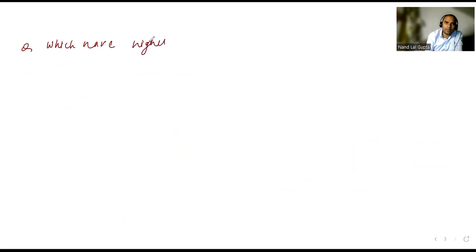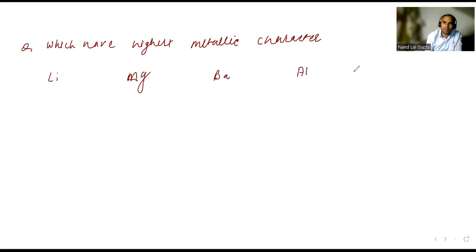In this one, they are talking about lithium, then magnesium, then barium, then aluminium, and the last one is gallium. So this is A, here is B, this is C, this is D, and this is E.